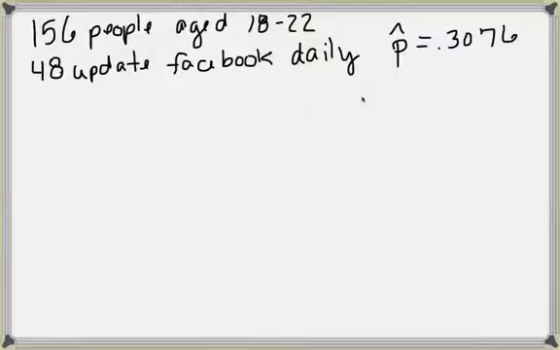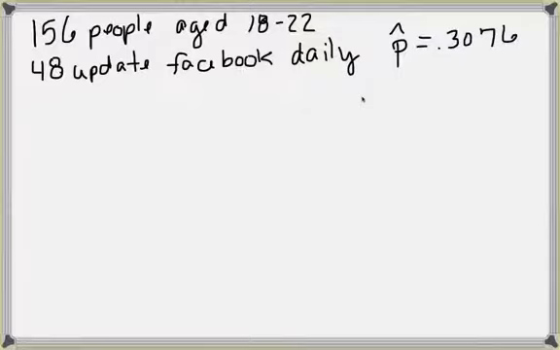Now, based on this information, we want to find a 95% confidence interval for our actual value of P. So, we know P hat, and that's good to know, but that doesn't give us P. We're going to use this to come up with an interval in which we feel pretty confident the true population proportion falls. To do this, we need to come up with an estimate for the standard deviation.